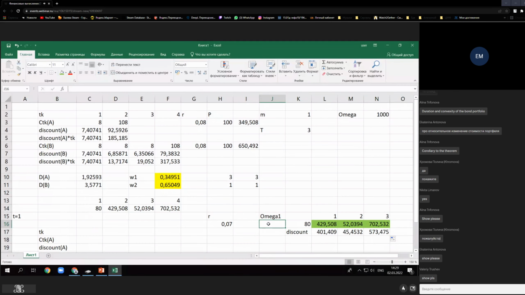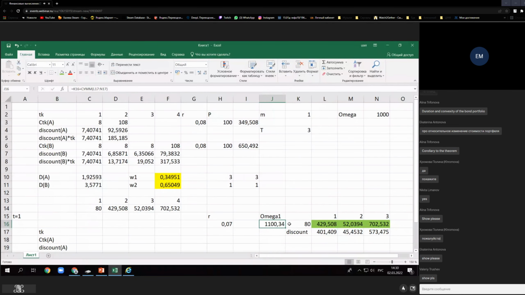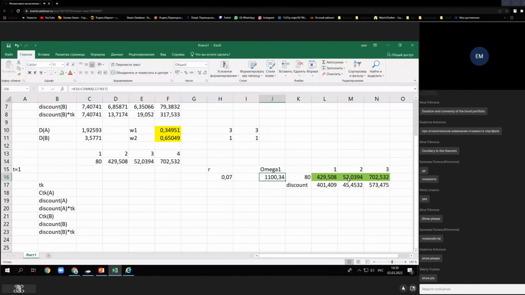At this time moment, you will get the sum you receive clearly as a coupon payment plus the sum of discounted future payments of our bond portfolio, like this. As you can see, it is absolutely the same as I have shown to you. So this is the sum we will take at the moment in 1 year.